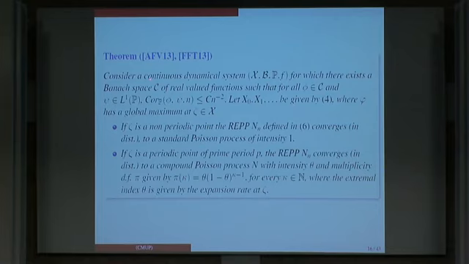then what we realized is that there are only two types of limits. Okay? Either the rare events point process converges to a standard Poisson process with intensity 1, which means no clustering, or zeta is a periodic point, and in that case, the rare events point processes converge to a compound Poisson process with a geometric distribution for the multiplicity, which depends on this theta, and this theta has to do with the expansion rate at zeta, pretty much as I wrote here.